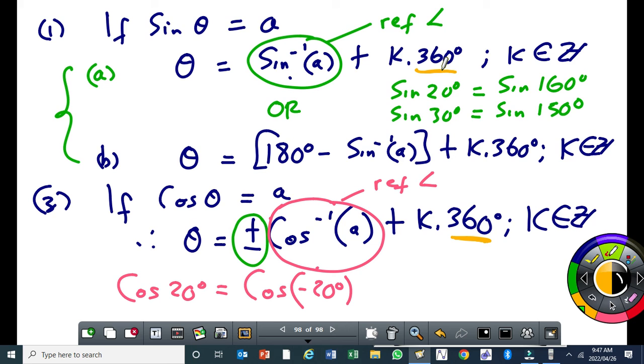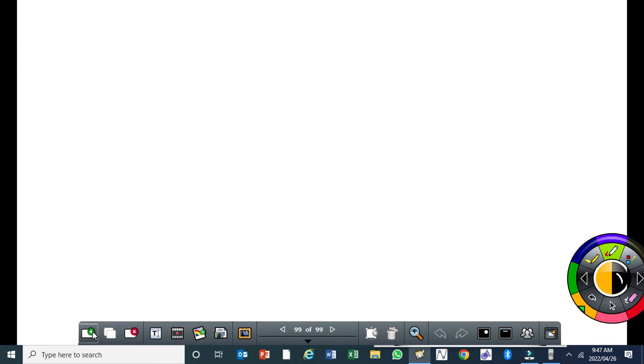So when k is 1, you're adding 360, then if k is 2, you're adding another 360. If k is 3, another 360, then it carries on up to infinity. Then the last one, for tan, it's only one formula or one general solution.